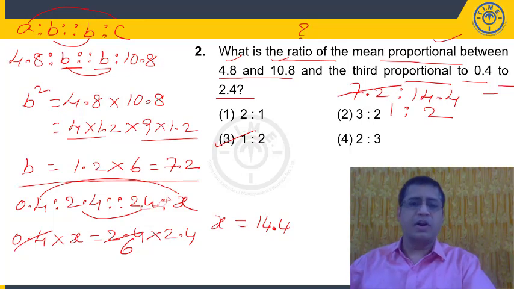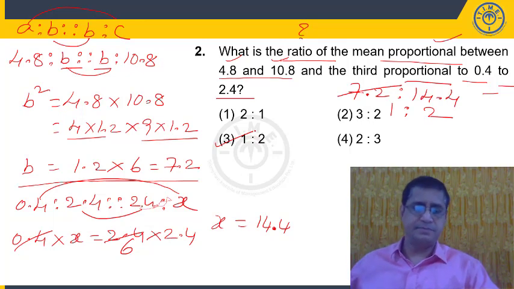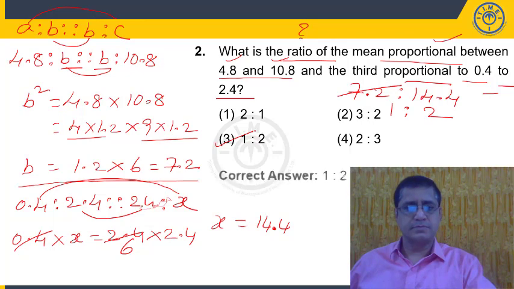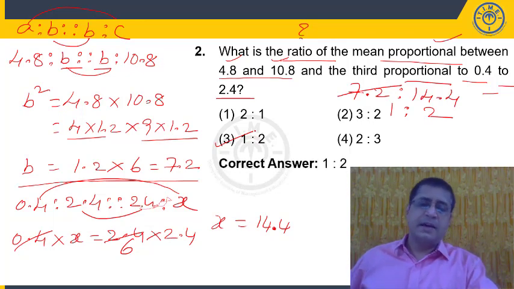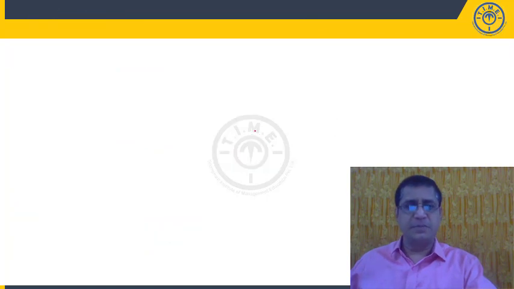Okay. Now look at the next example. Please note the solution here and try the next example on your own. Done? Yes. Now look at the next question on your screen.